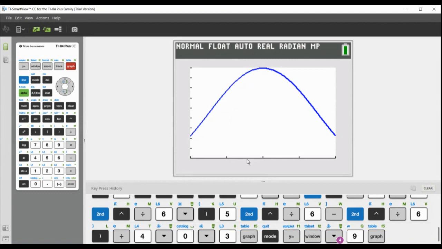So what I'm saying is the area underneath this function from pi over 6 to pi over 2 is the same as the area from pi over 2 to 5 pi over 6. And so that means that I can rewrite my integral.